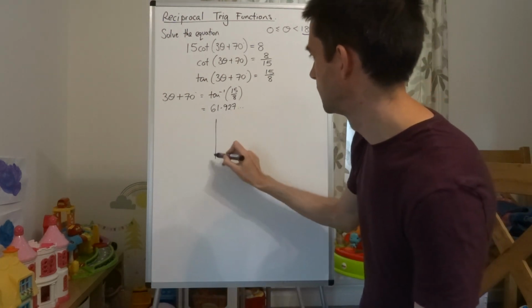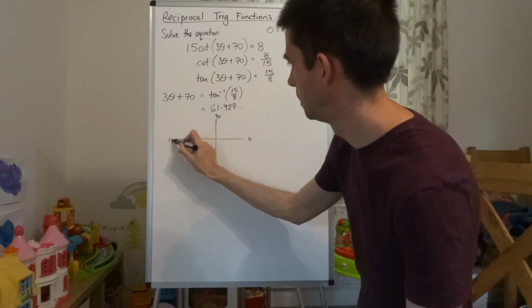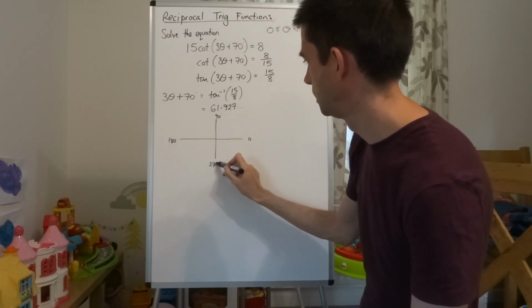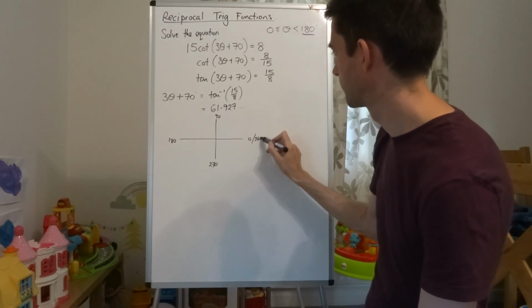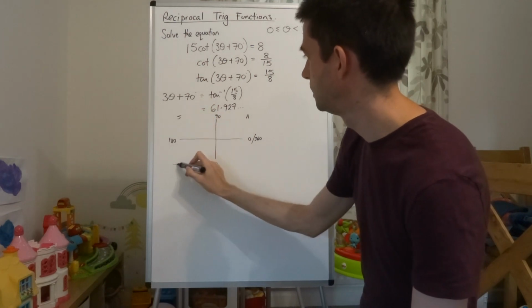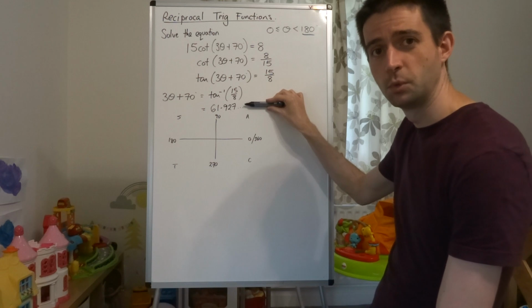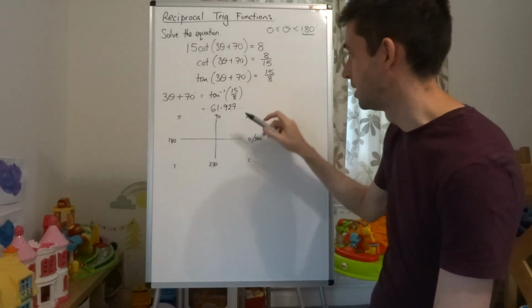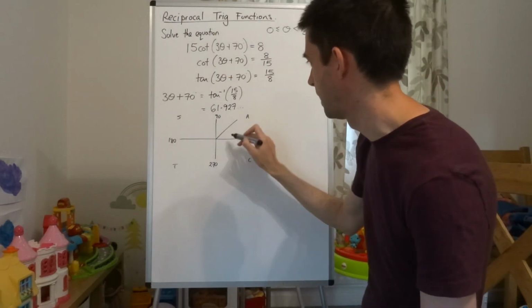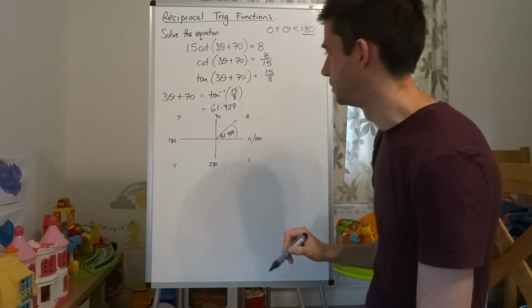So here we go. Cast diagram, 0, 90, 180, 270, 360, A, S, T, C, and the first line goes in for the principal solution, the 61.927, which is about here, and that angle there is the 61.927.